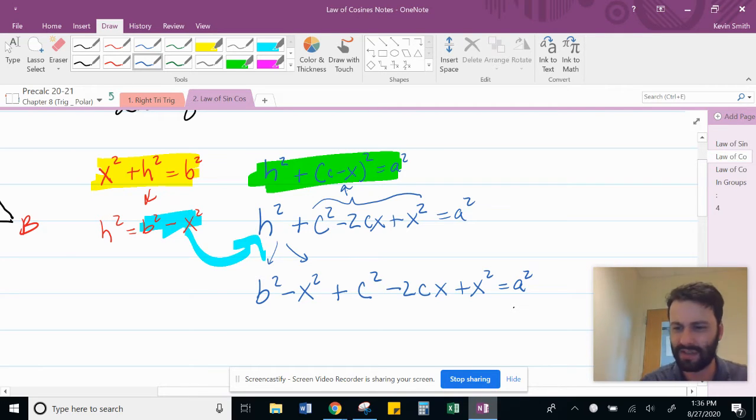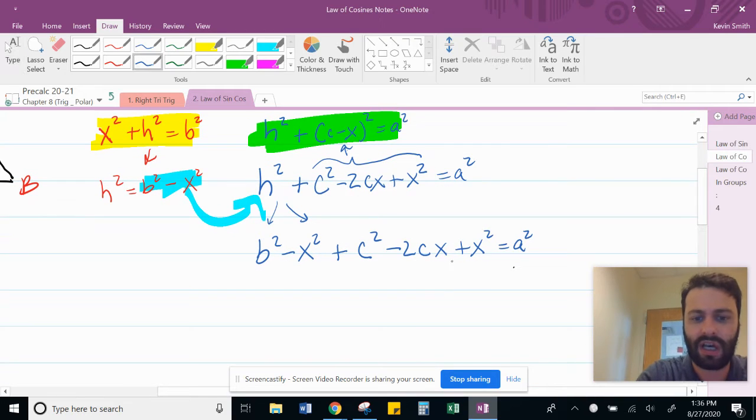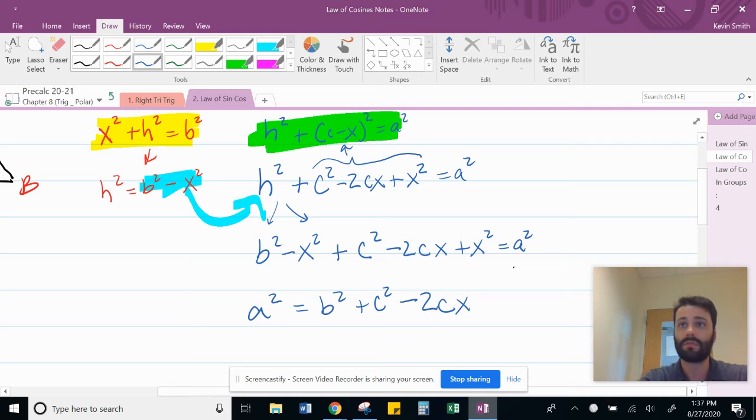I'm going to rewrite this a little bit because it looks a little funky. So we'll have a squared equals b squared plus c squared minus 2cx. That is just this whole thing rearranged.